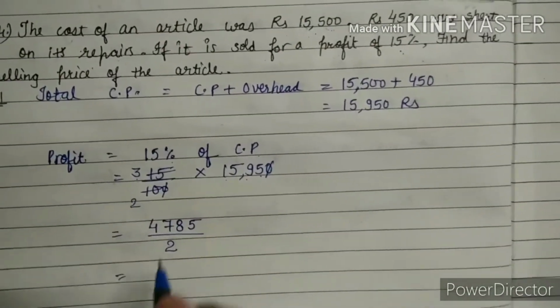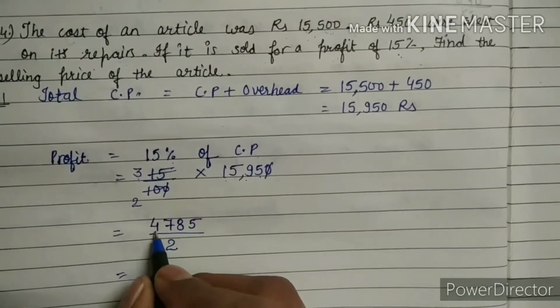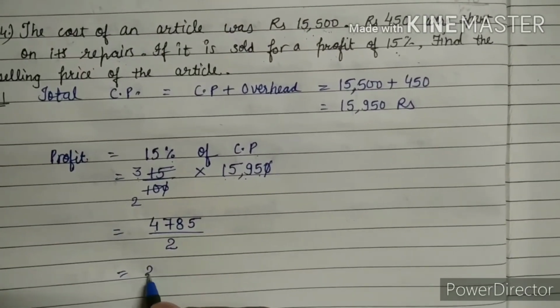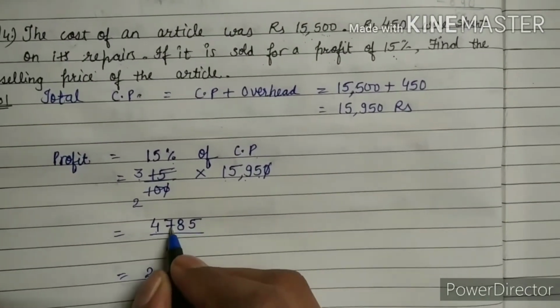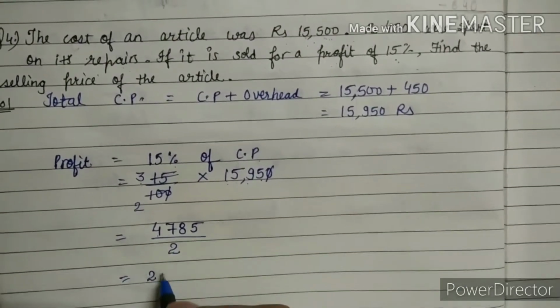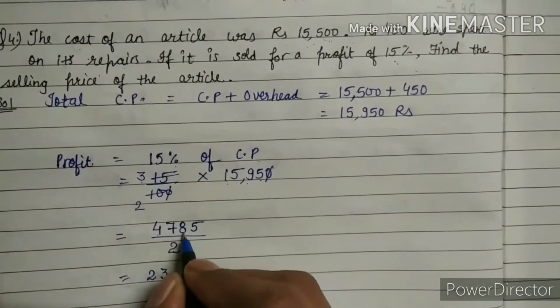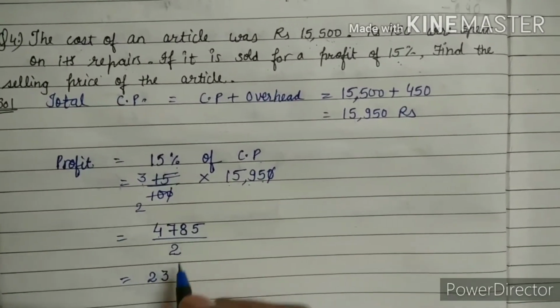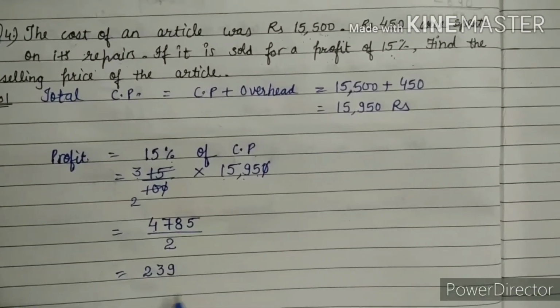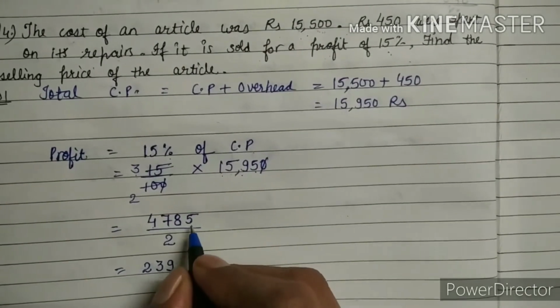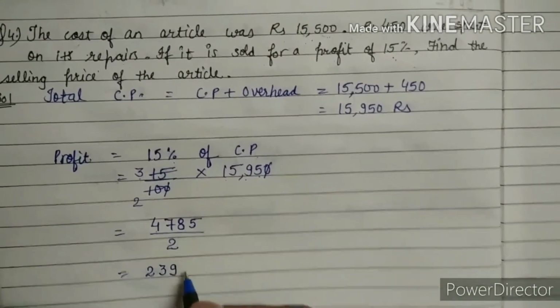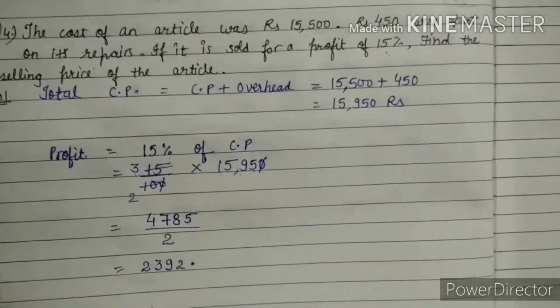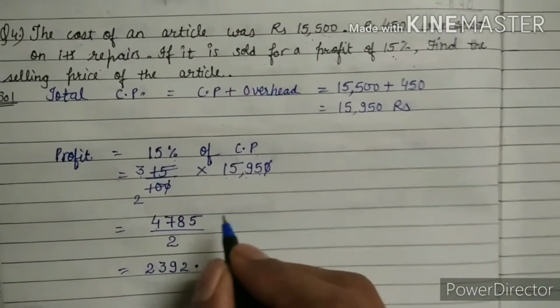So you can see here 4 comes in the table of 2 two times, 7 is not coming, less than 7, 6 is coming 3 times, that remaining one goes near 8 and it will become 18. 18 comes in 9 times, 5 is not coming but less than 5, 4 is coming 2 times, 1 is remaining, so we have to put an extra 0.